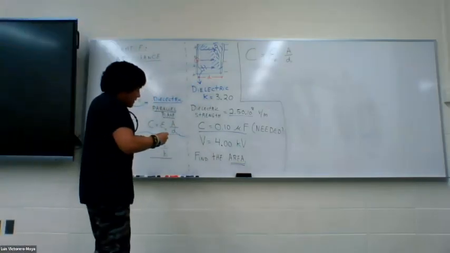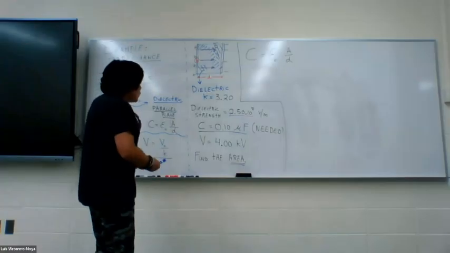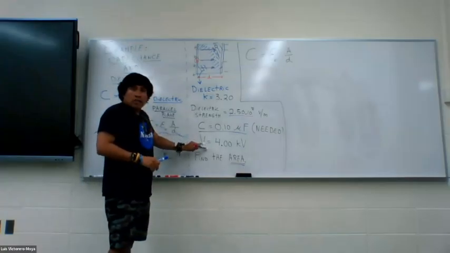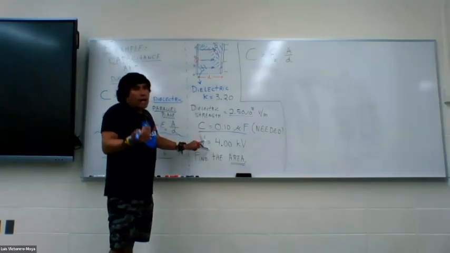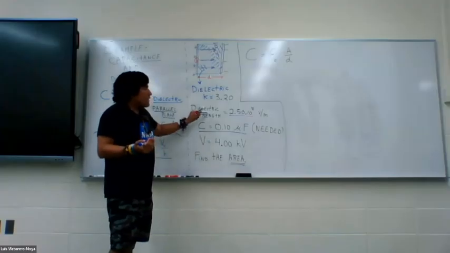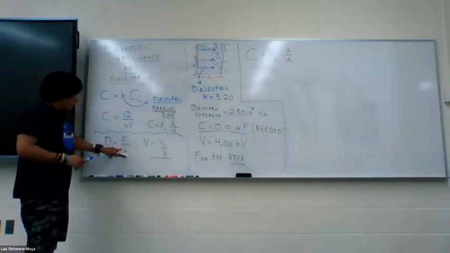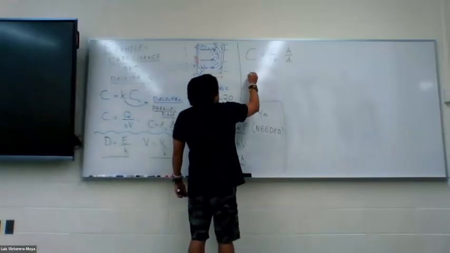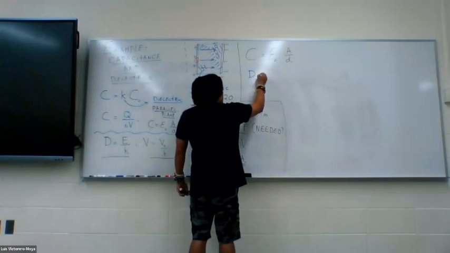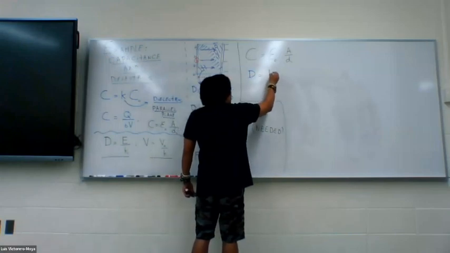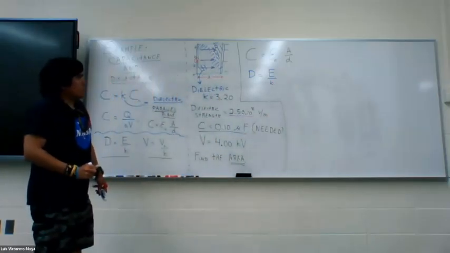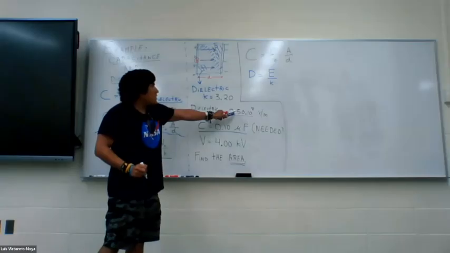To find the distance, you are going to use the voltage and the electric field. And you have the electric field because you have the dielectric strength. The dielectric strength is the electric field divided by the dielectric constant. So I have that dielectric strength.